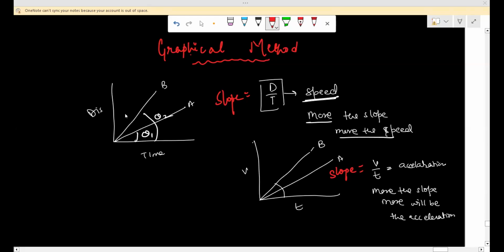Ma'am, we have to draw the graph. Acha, okay. And you have written this part as well. In front of the distance time graph, write D by t. Ma'am, we have to draw the speed graph also, right? Yes, yes. Okay. Draw it neatly.